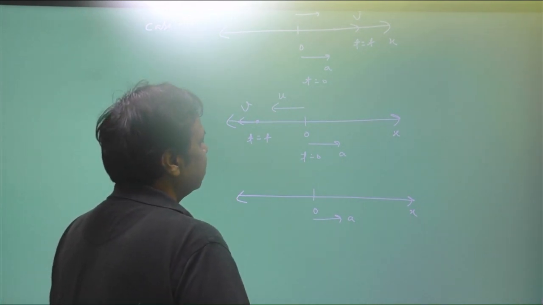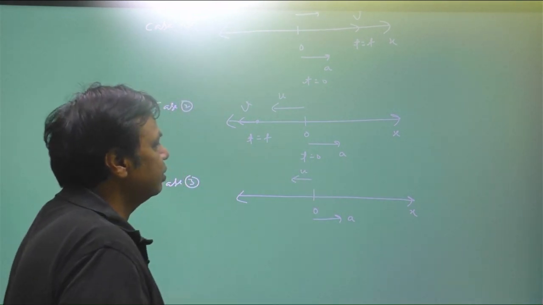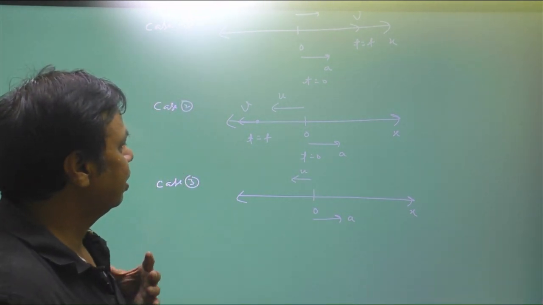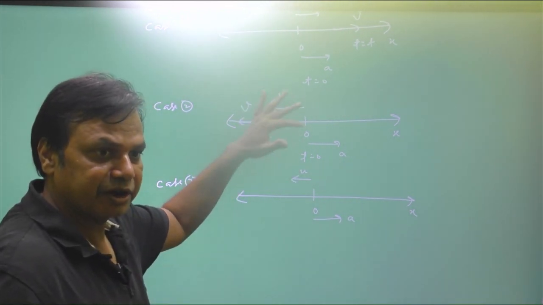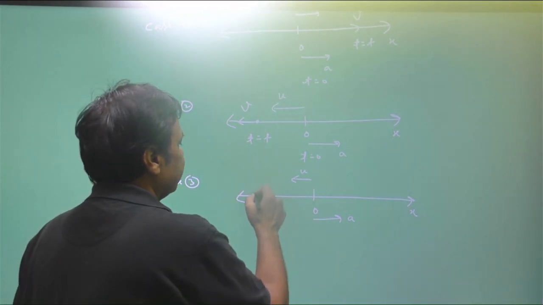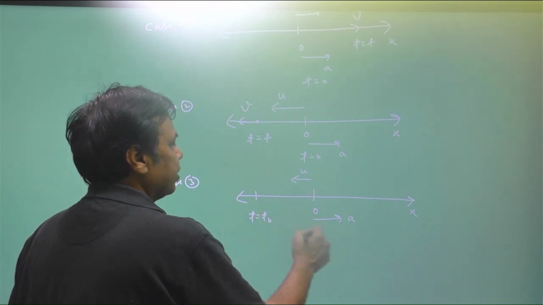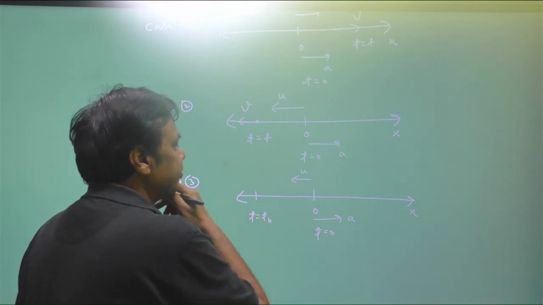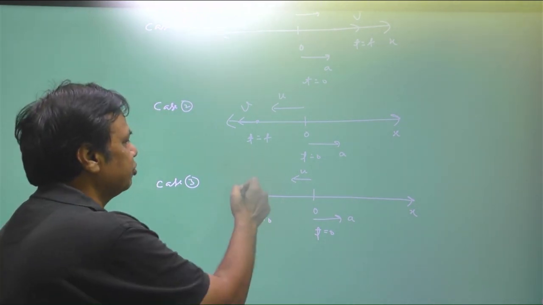But its velocity was initially u, and this u is less than the u in the second case. And at some time t equals t naught, which is after the condition at t equals 0, the particle comes to rest here.